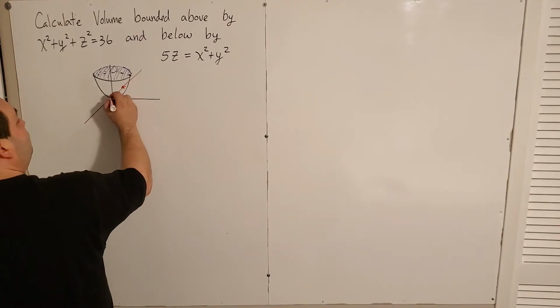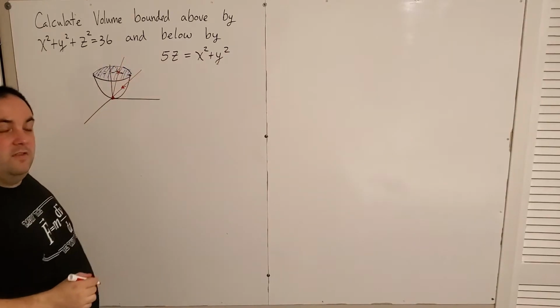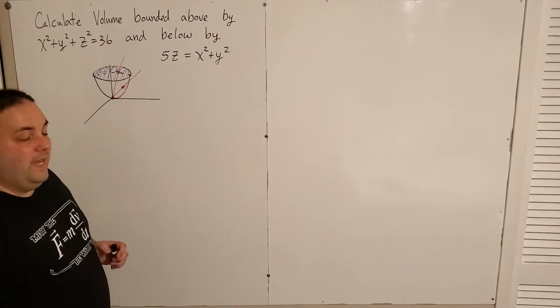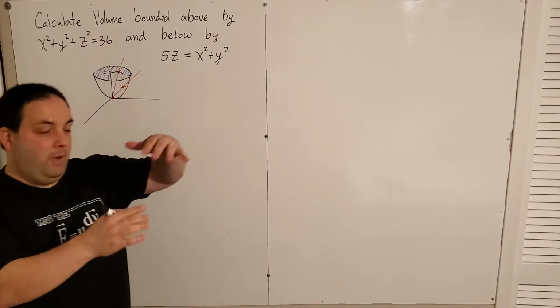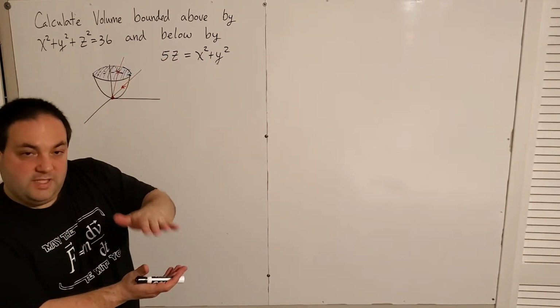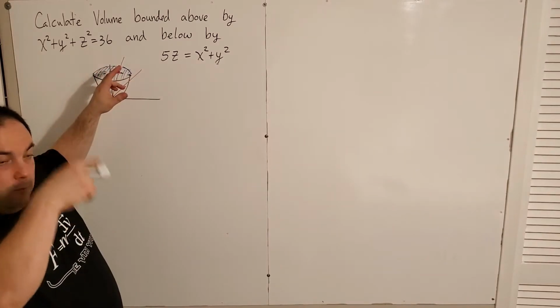Or if I draw a line somewhere higher up, like here, I would strike the top of the sphere. So while I'm integrating, remember my integrals have to go from something to something. It's going to go from 0 in my radial direction, which we'll call rho. That's the rho direction.